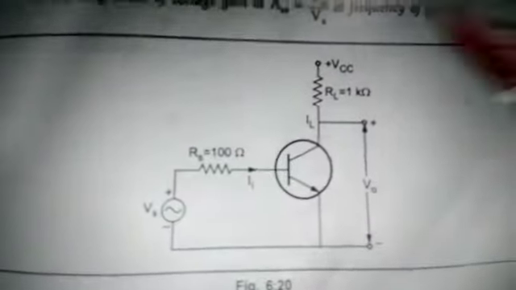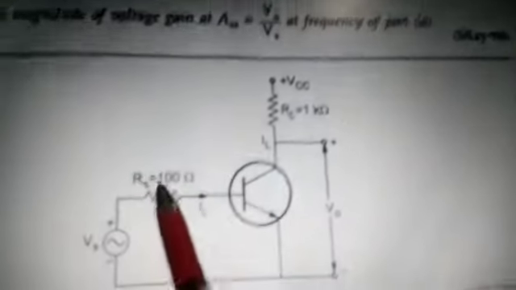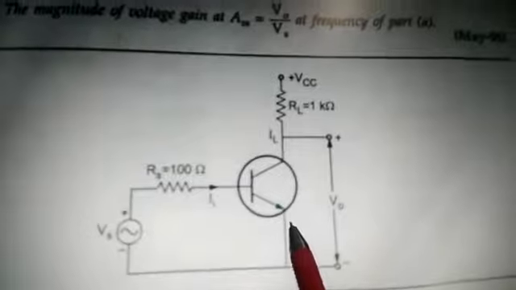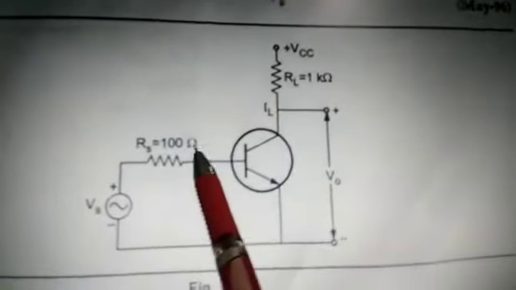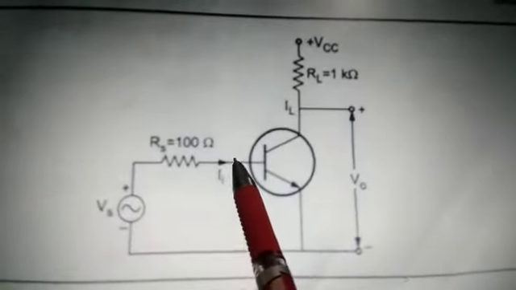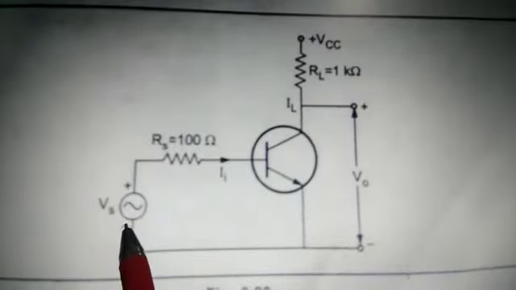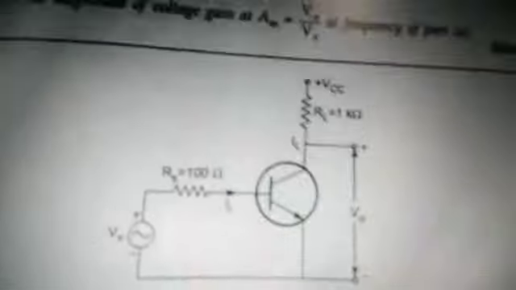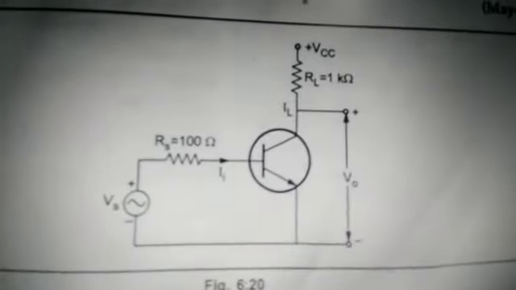This is the diagram given for the problem. This is a common emitter configuration, and a source resistance of 100 ohm is connected with this Vs, and the load resistance is 1 kilo ohm. Let us see how we can calculate.